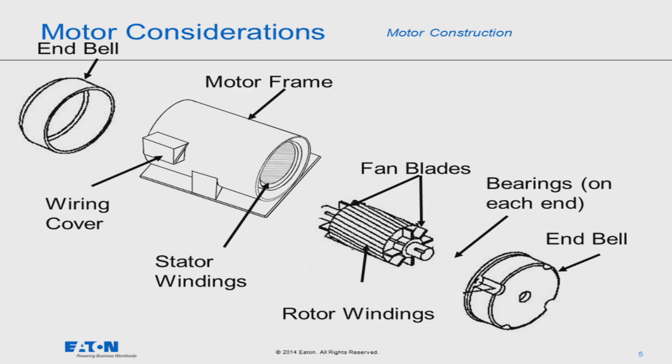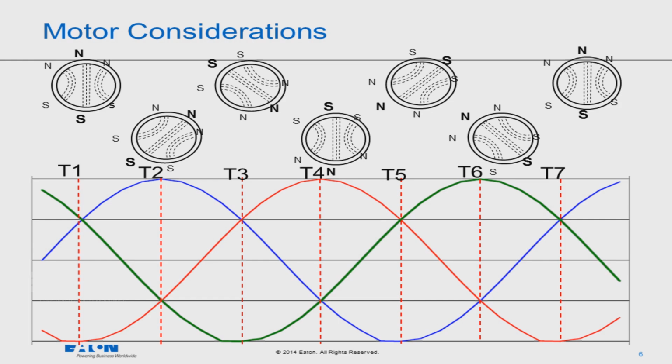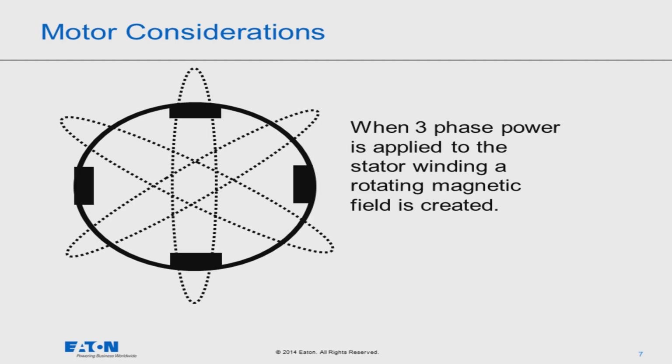Now, how the motor works, basically, when we're passing the three-phase through the windings, we will have a magnetic field that will push the rotor, so it's going to rotate and will create that motion. Okay?